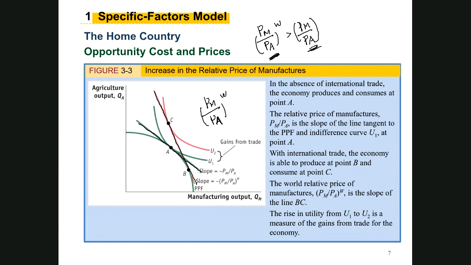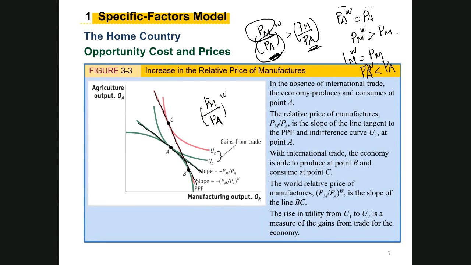In order to achieve that, you could have multiple scenarios. PA world remains the same, or equal to this, and PM world larger than PM. It's in relative terms, right? So the price of the manufactured goods increases more than the price of the agricultural goods after the trade.